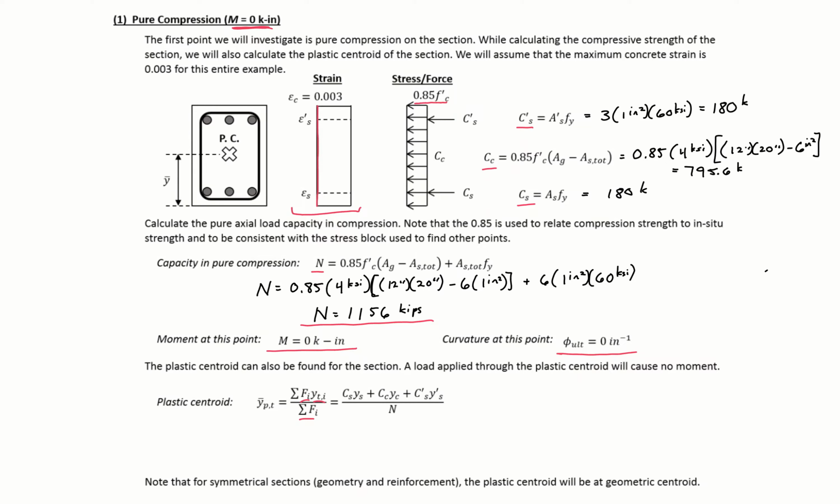All right, so we have our three force components. We have our different lever arms, so we could calculate our Y bar P from the top.